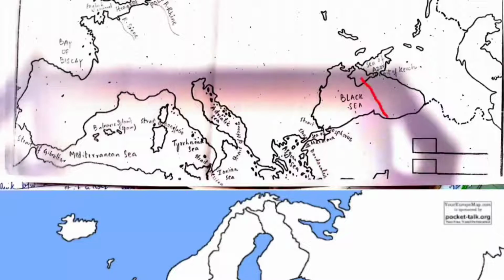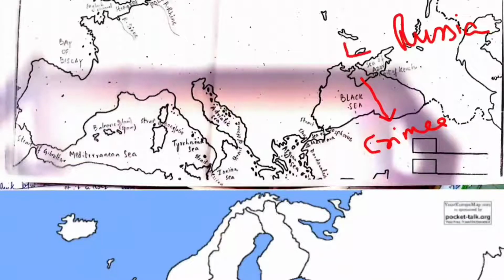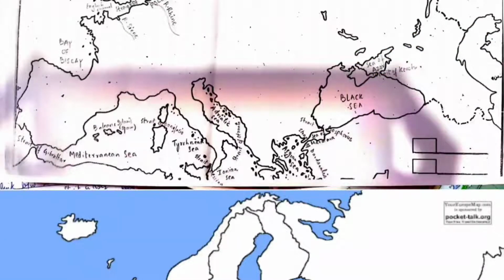This is Crimea and this is Russia. So the Strait of Kerch is joining the Black Sea to the Sea of Azov and separating Crimea from Russia. I hope this is clear till this point of time.